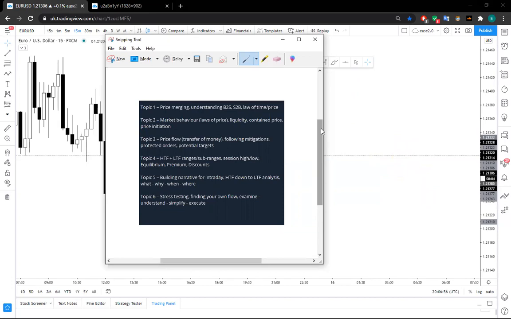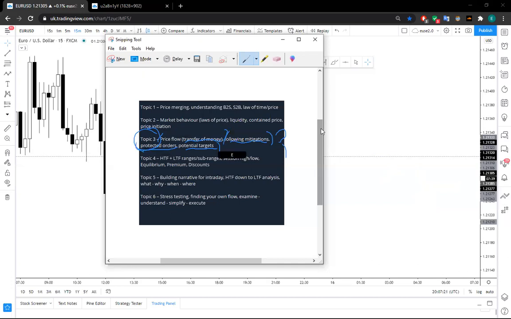Topic 3 is price flow, transfer of money, following mitigations, protected orders, and potential targets. As you guys have seen already in the markups, M or myself, we've shown these.